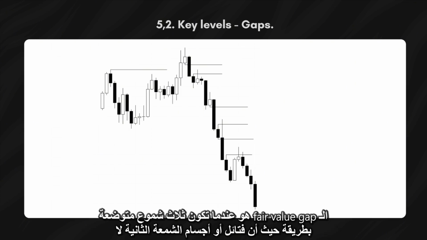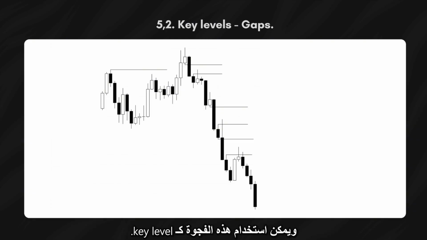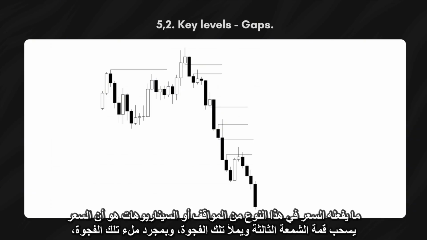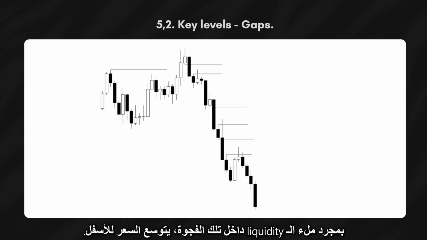And a fair value gap is when three candles are positioned in a way where the wicks or the bodies of the second candle do not match or touch the wick or the body of the third candle, and that in turn leads to this gap, and this gap can be used as a key level. What price does in this sort of scenario is price takes out the high of the third candle and fills that gap, and once that gap is filled, once that liquidity within that gap is filled, price then expands lower.